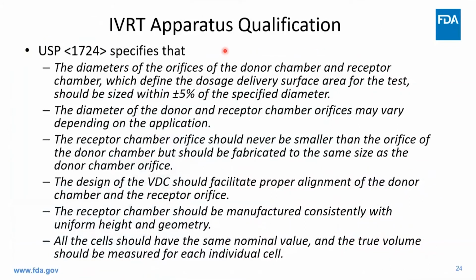In terms of the apparatus qualification, USP 1724 has some good information about this. It specifies that the diameters of the orifices of the donor chamber and the receptor compartment chamber, which define the dosage delivery surface area, should be sized within a tolerance of about plus or minus 5% to the specified nominal diameter.